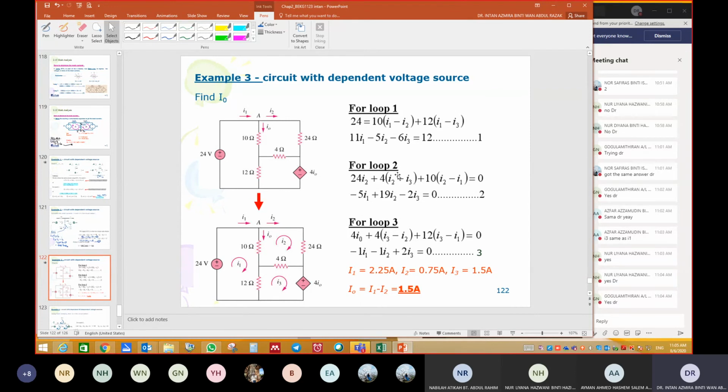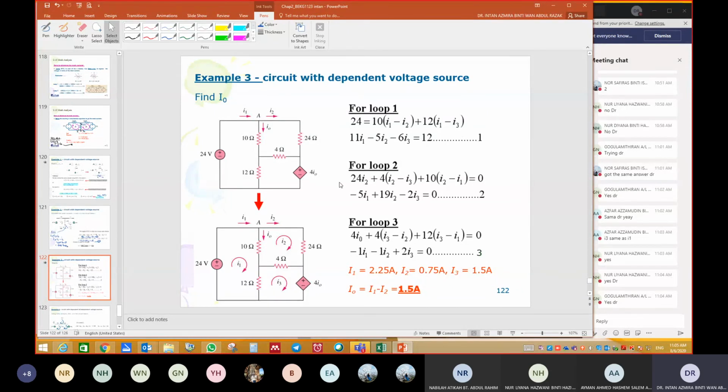Okay, so we write KVL in the first loop. Okay, this is the original step where we minus 24, and then 10 (I1 minus I2), and then we have 12 (I1 minus I3).